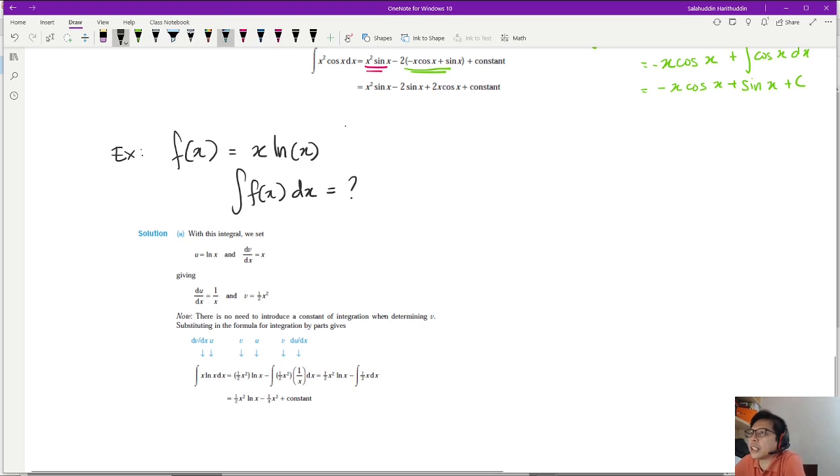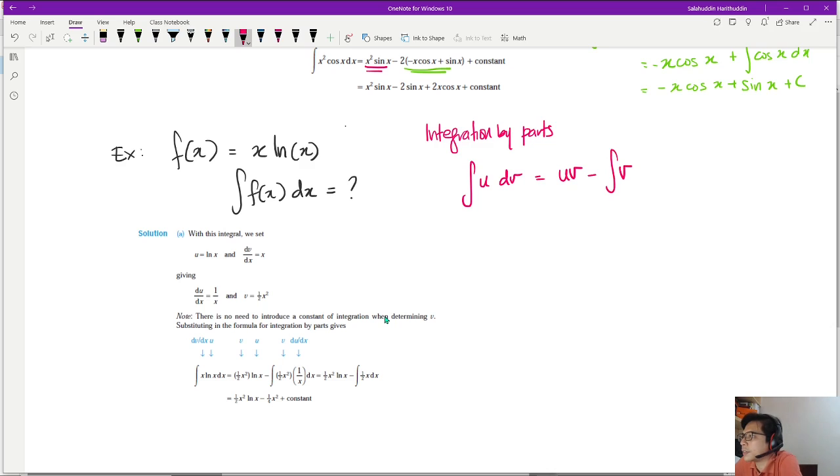What I need to do here is follow my integration by parts rule: the integral of u dv is equivalent to uv minus the integral of v du. The first step is always to set up what is u and what is v.